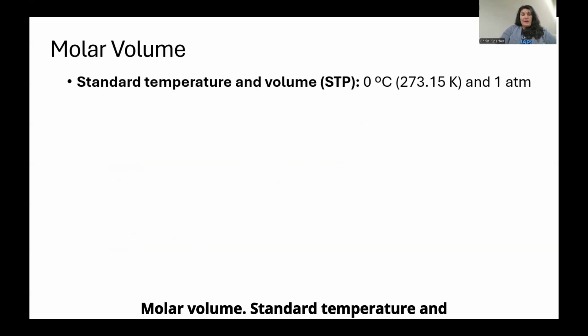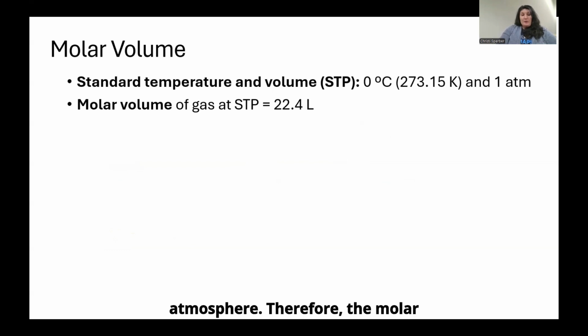Molar volume. Standard temperature and pressure, also known as STP, is 0 degrees Celsius and 1 atmosphere, or 273.15 Kelvin and 1 atmosphere. Therefore, the molar volume of a gas at standard temperature and pressure is equal to 22.4 liters.